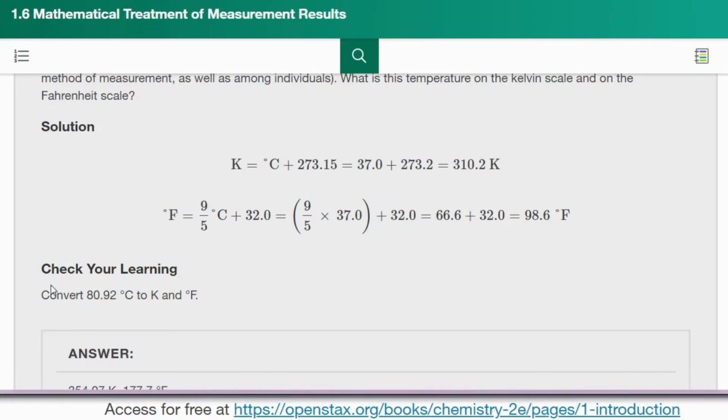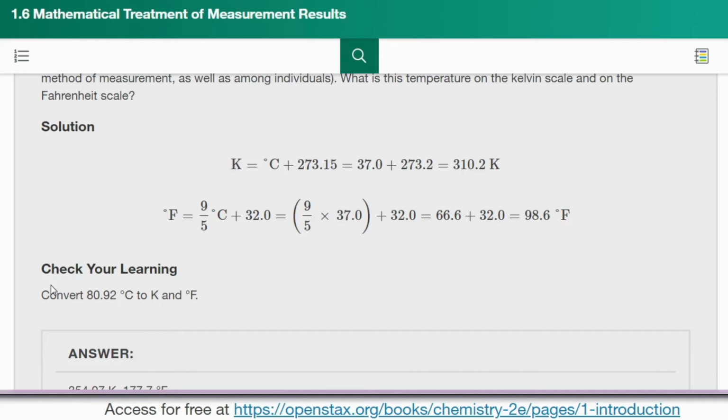Kelvin equals degrees Celsius plus 273.15. So if the temperature in Celsius was 37, we just take 37.0 plus 273.2, and that equals 310.2 Kelvin.